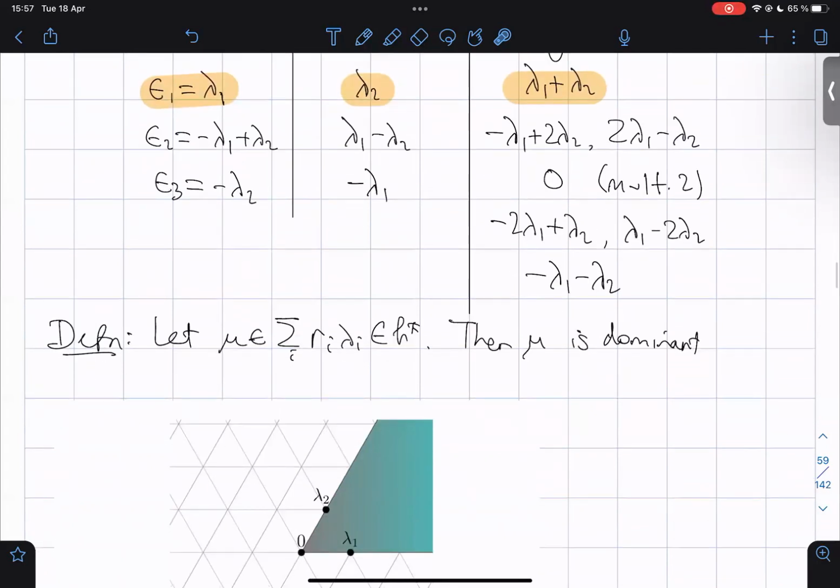Then mu is dominant if these r_i are real non-negative for all i.